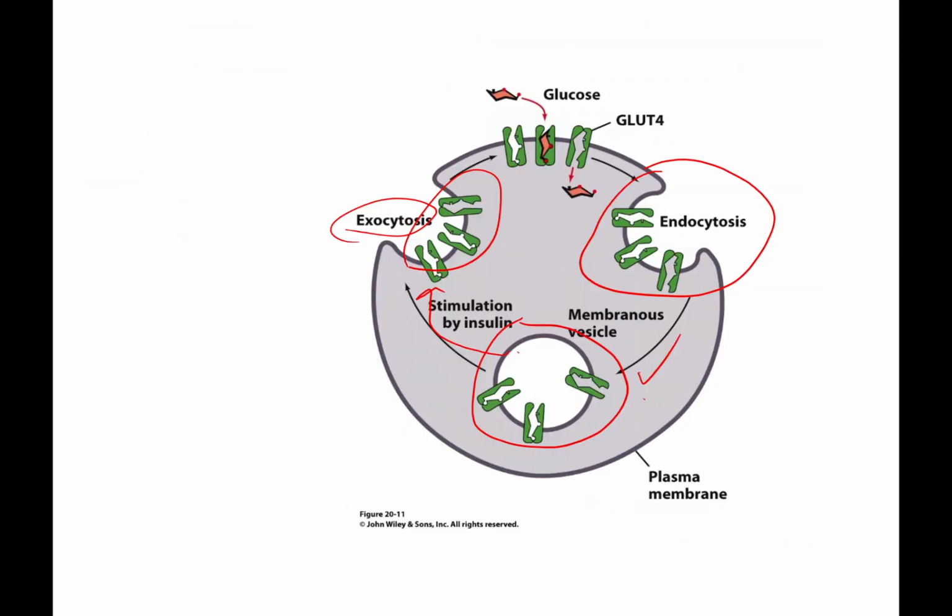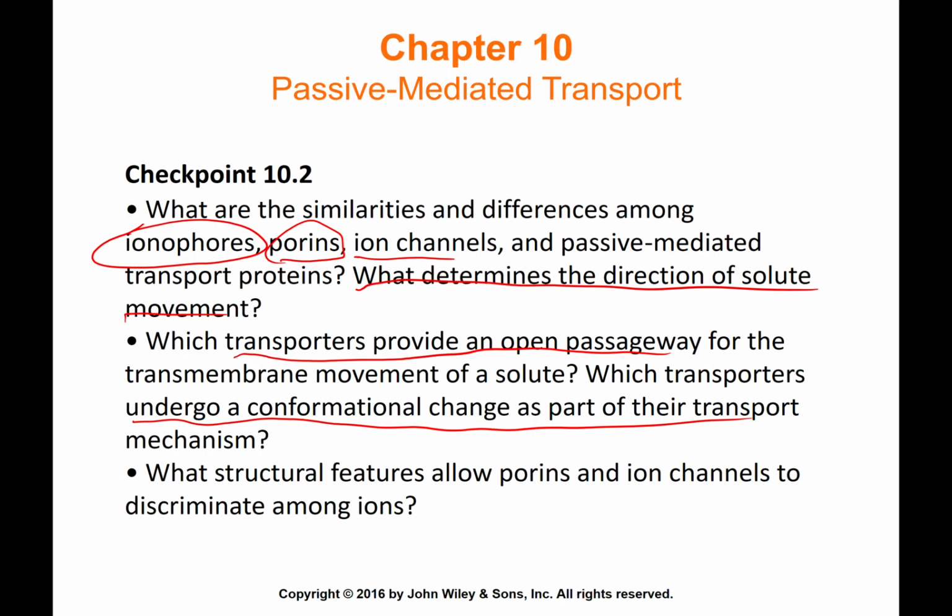But back to this. All right, so the voltage-gated channels again require conformational change for their transport mechanism. And we talked about the different features that allow different types of channels to discriminate between different types of ions. So we talked about how the potassium channel will allow just potassium to travel through because, again, it has weaker bonds to water, so the waters can be stripped off easier.